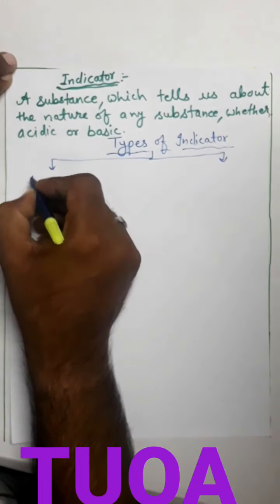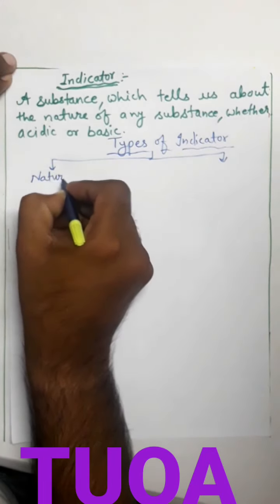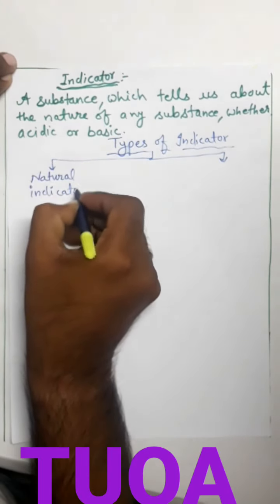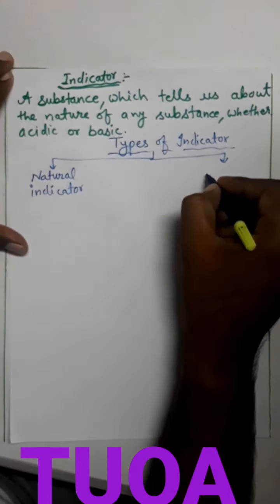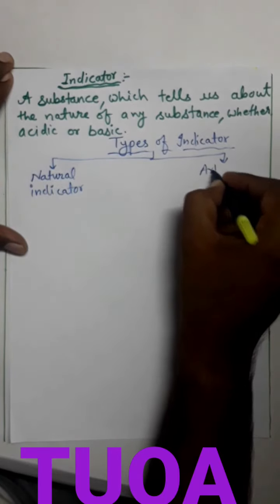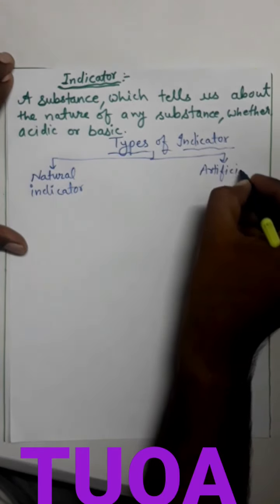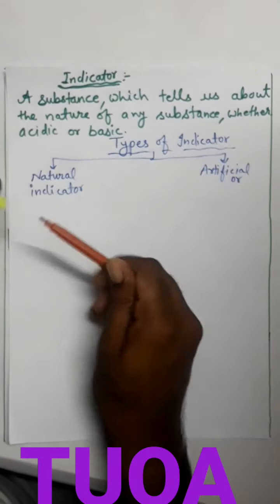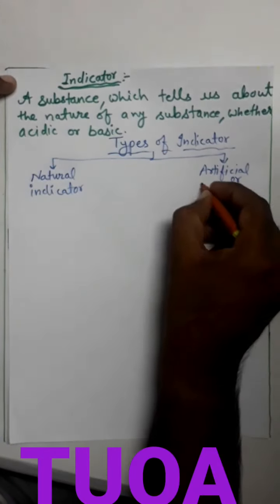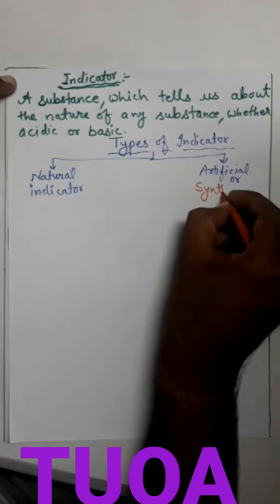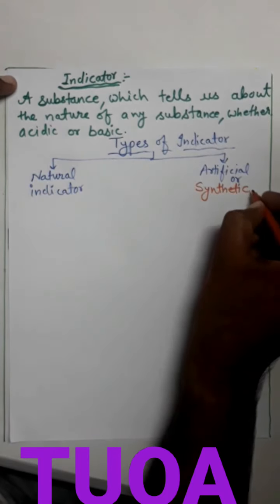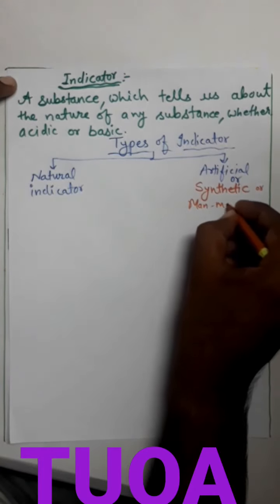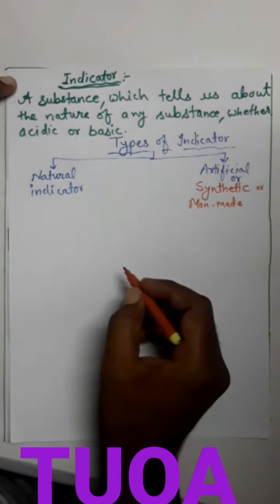That is natural indicator, and the second one is artificial or synthetic or man-made indicator.